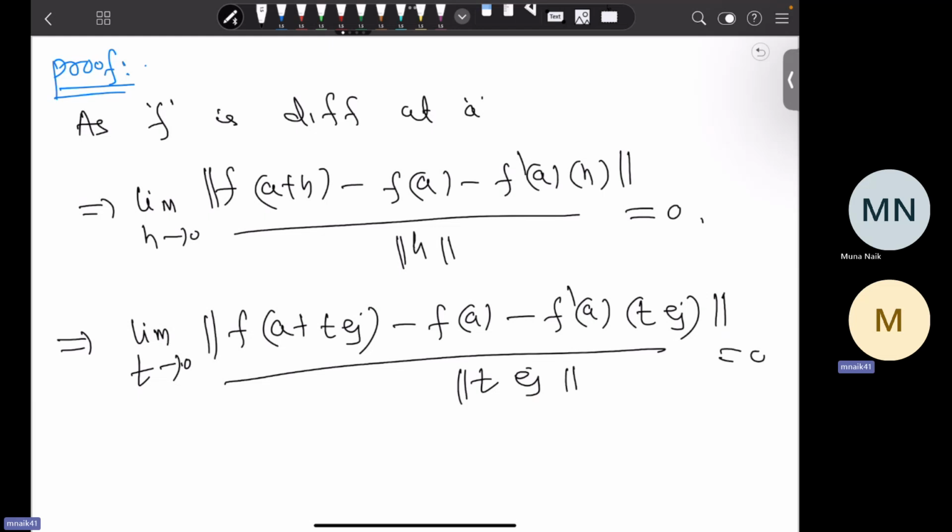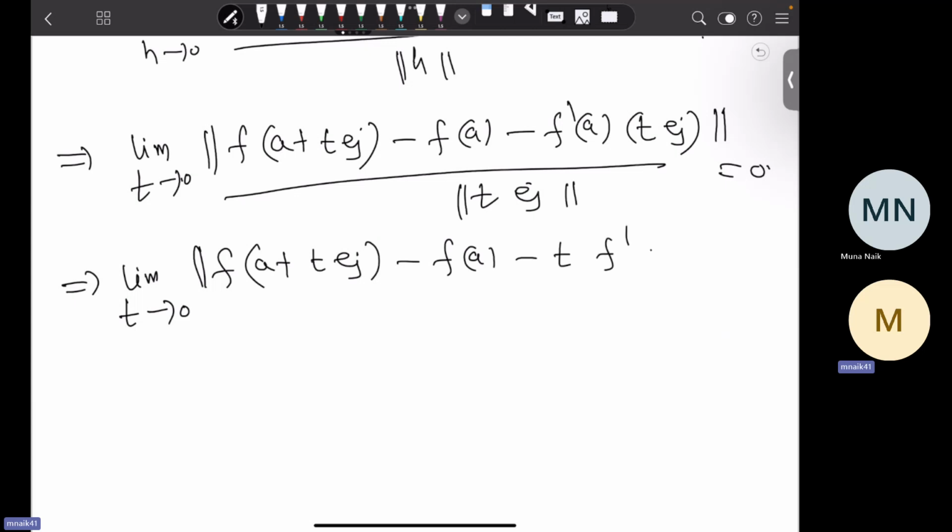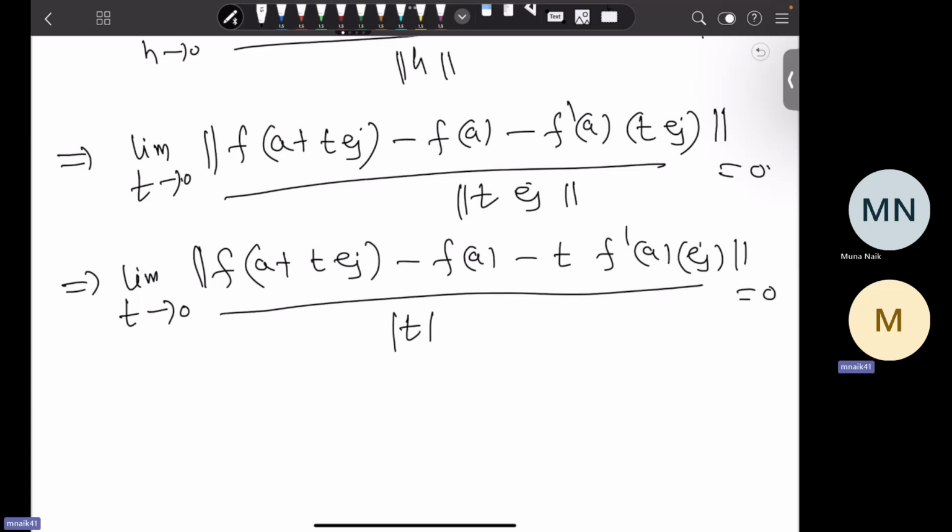Now, f prime of a is a linear map and the norm is a homogeneous function. So the limit as t tends to 0 of the norm of f of a plus t ej minus f of a minus t into f prime of a applied on ej, divided by the norm of t, is 0. Then I can take t inside.